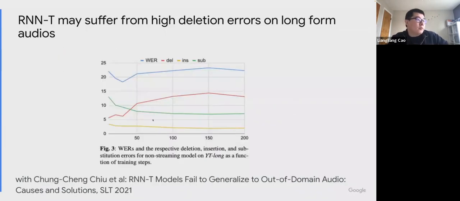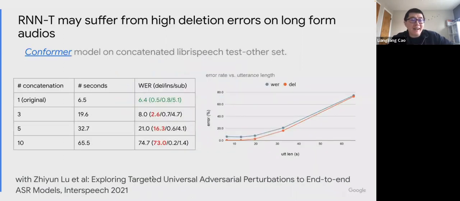This was an early study. At the time we wanted to publish this paper, but it was rejected several times because the field didn't realize this was a big problem for RNN-T. Finally, it got published and we studied it deeper.